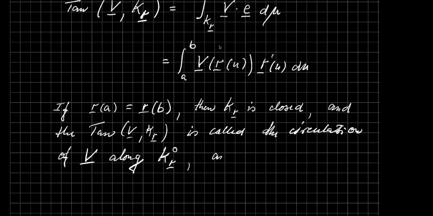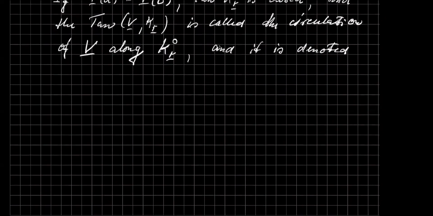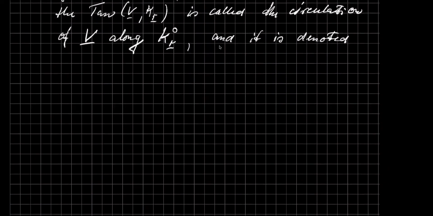And it is also denoted the circulation of V along the closed curve KR. And normally, when you write the integral, you put a circle on top of the integral, also to indicate that this is a circulation.